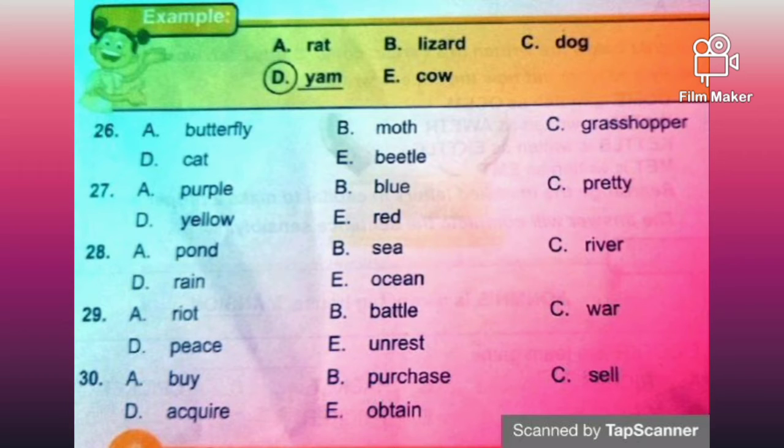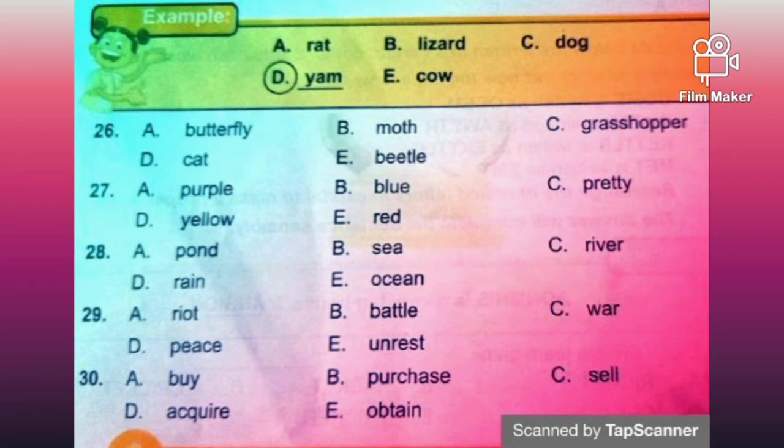So let's use that to answer our own question. 26 is A, butterfly, B, moth, C, grasshopper, D, cat, E, beetle.